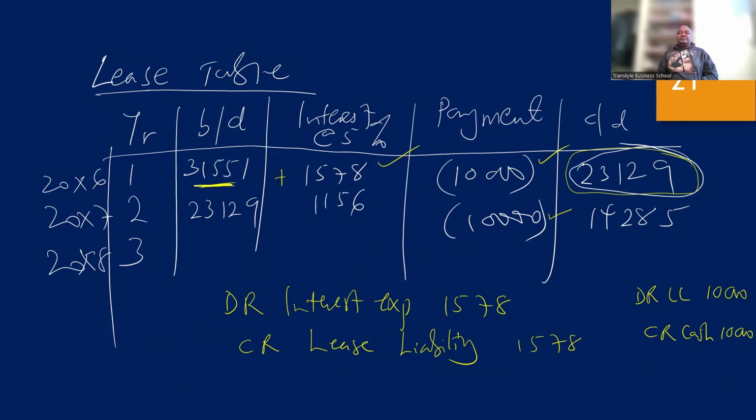And if you want to then say the current liability portion, obviously it is the payment required. The current portion is 10,000, which means the non-current will be 13,129. Is that clear?